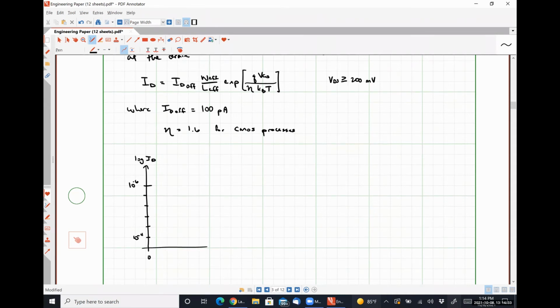On this axis, we plot VGS. Way out here, we'll have VDD, and about right here, we'll have VTH. What we should see is something that looks like this.